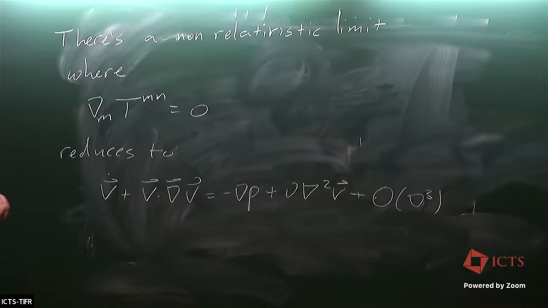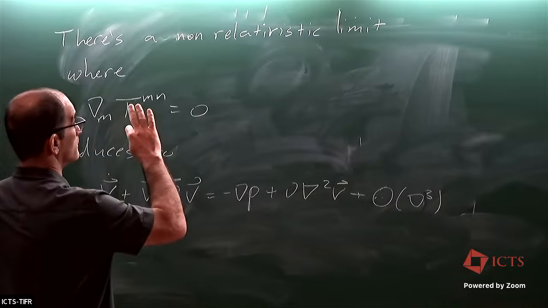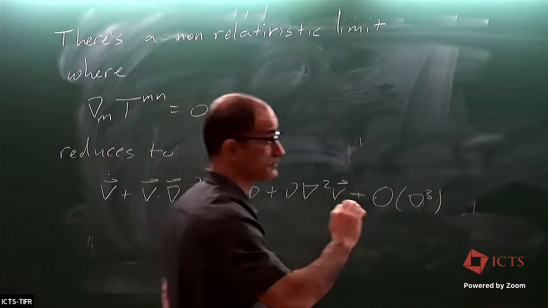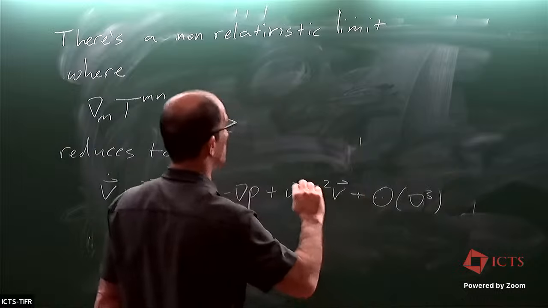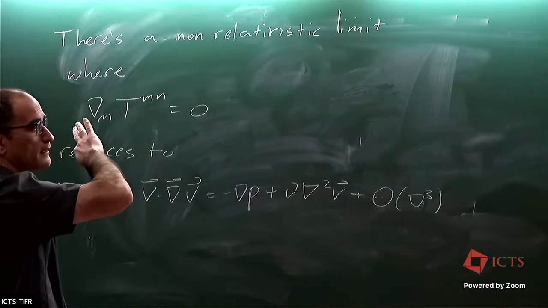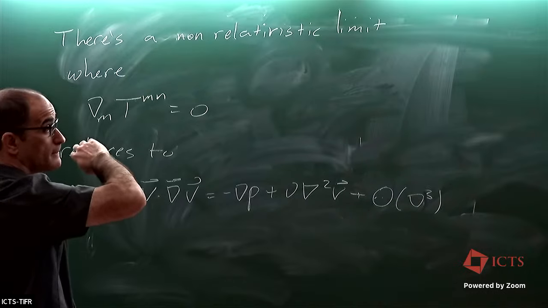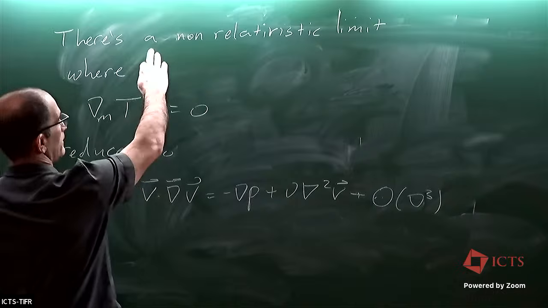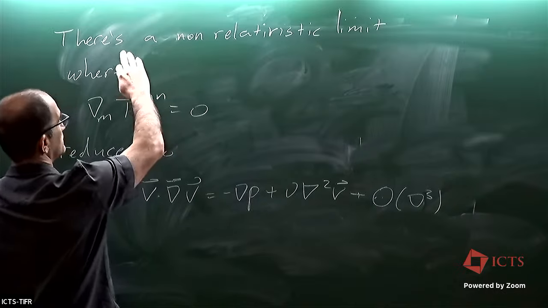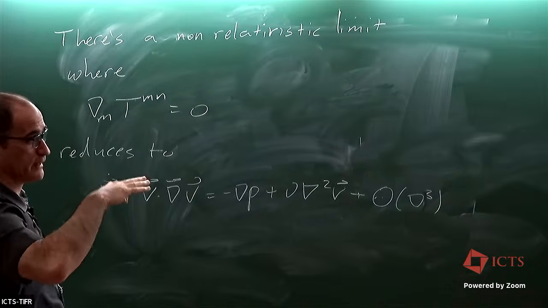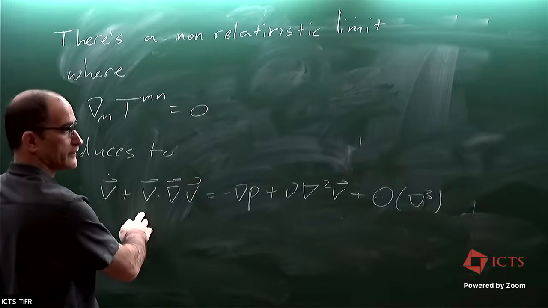I'm not sure exactly what you're asking. I mean, when I say there's a non-relativistic limit, it means that there's a class of solutions which will look like this.